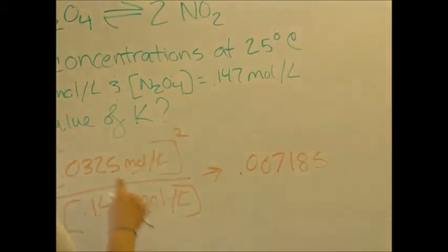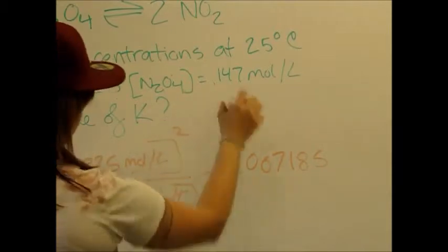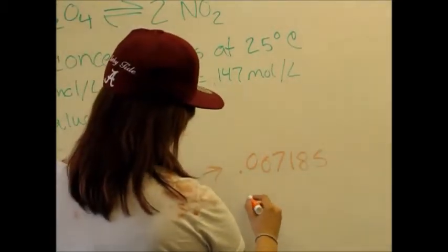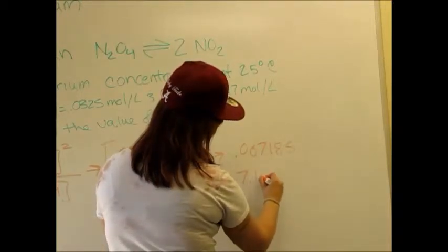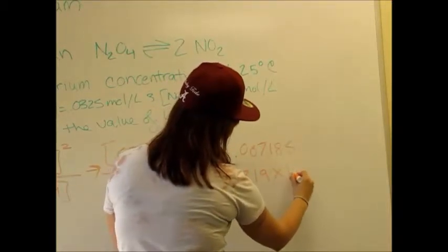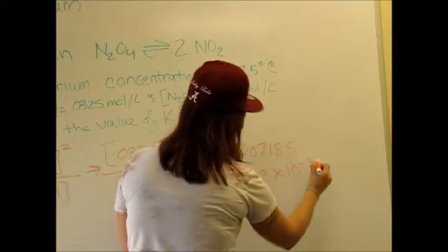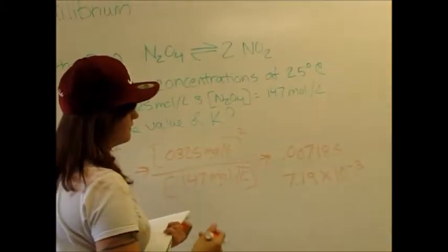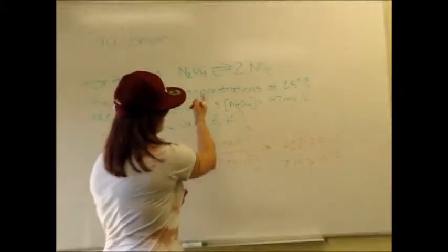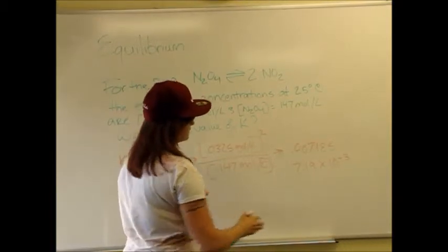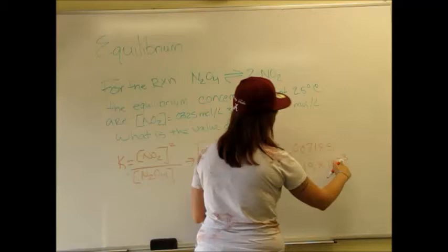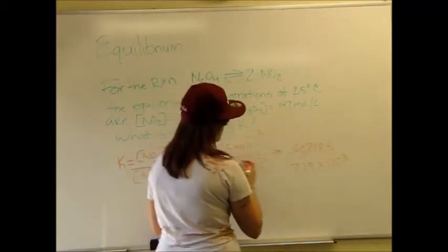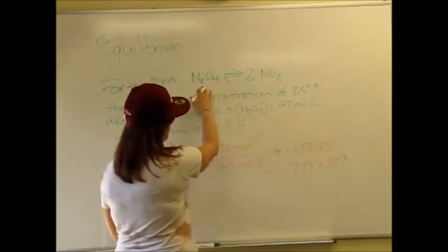But we start with 3 significant numbers, so you need to put that into scientific form, which would be 7.19 times 10 to the negative third. The last part of the question is if this reaction favors reactants or products. Since this is a small number, we know that the reaction equilibrium is to the left, which means it's going to favor reactants.